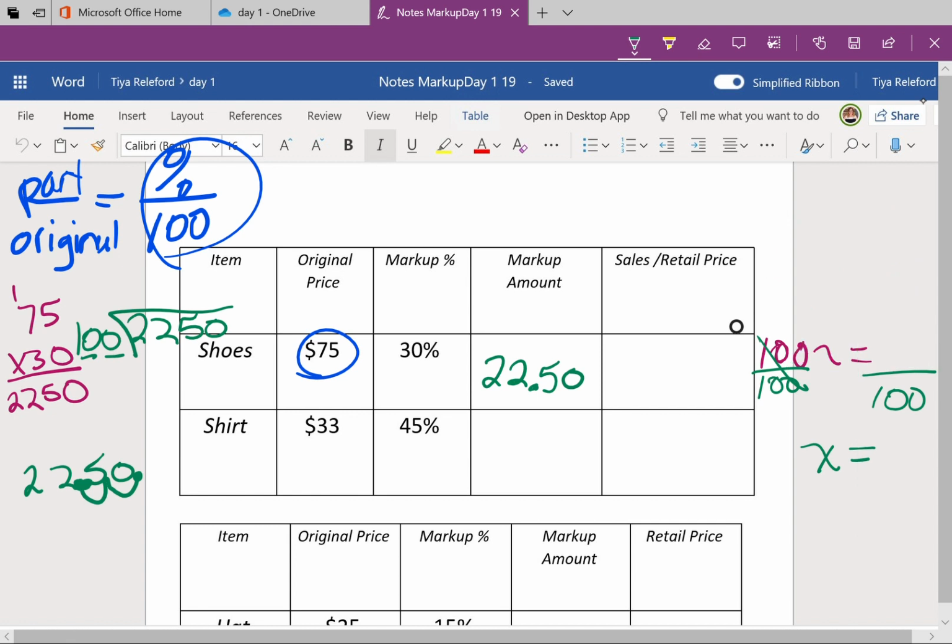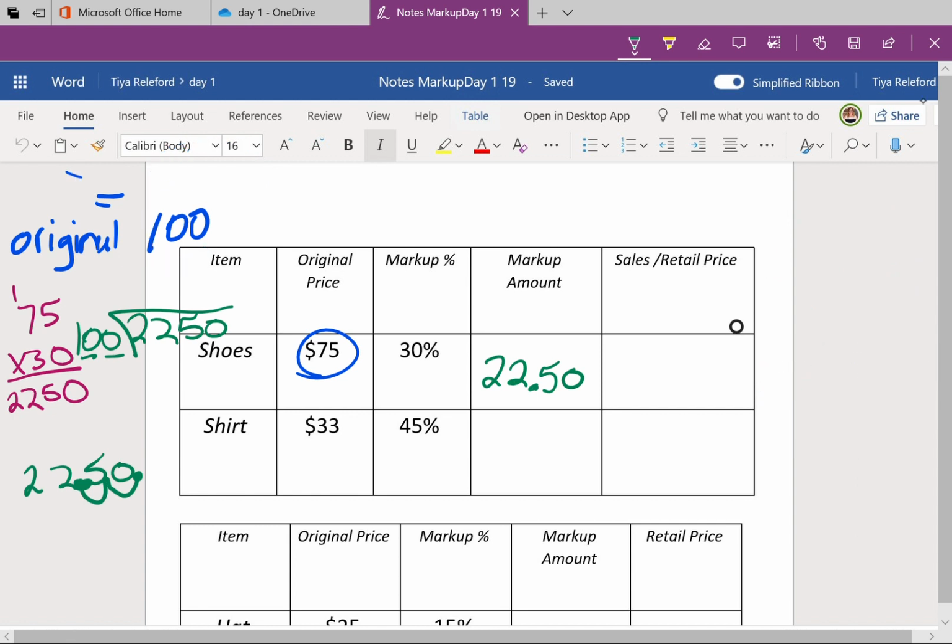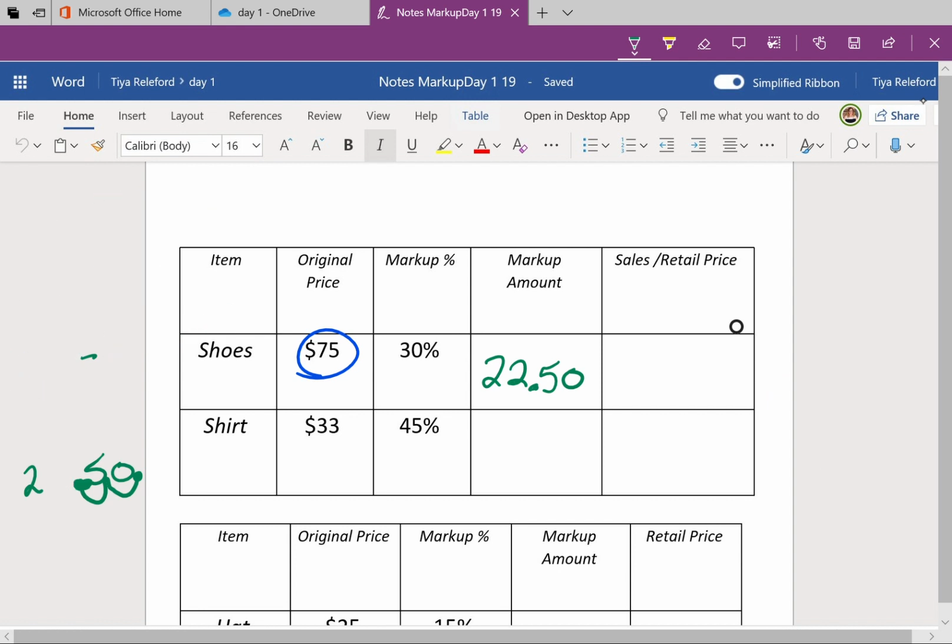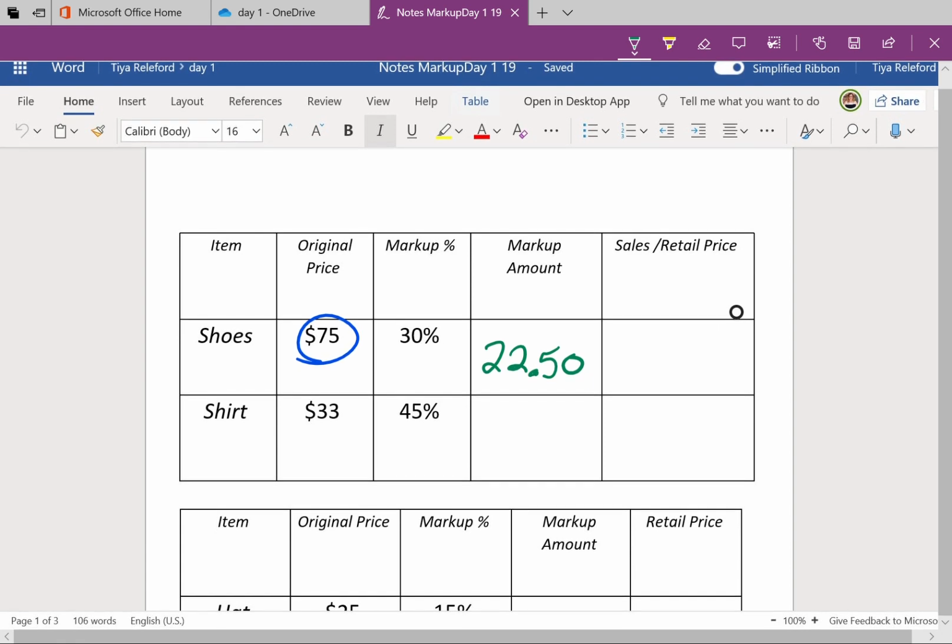Now, sometimes a problem will ask you for the markup, and sometimes the problem will ask you for the new price. So you have to read carefully and decide what each problem is asking you. Our markup amount is $22.50.